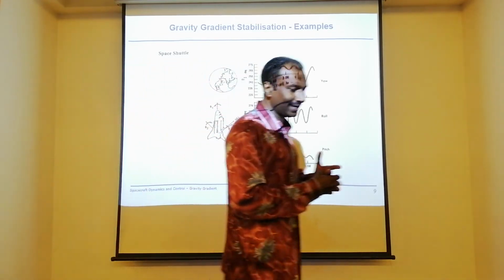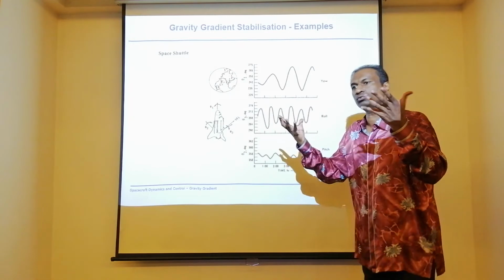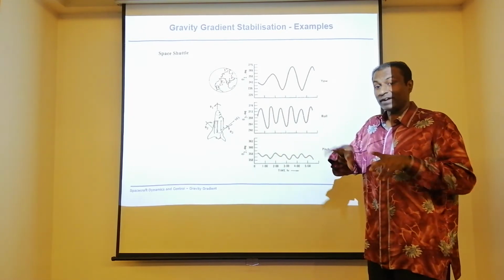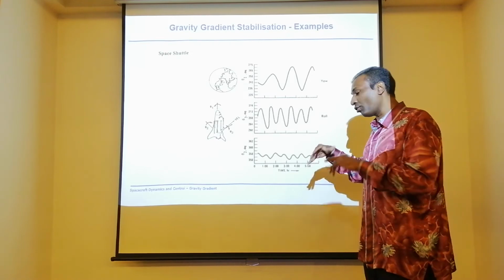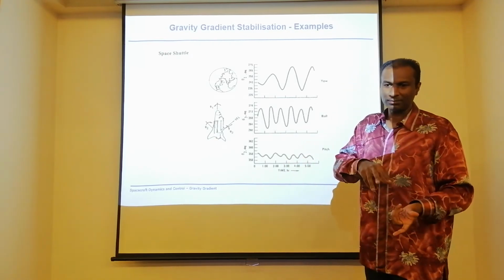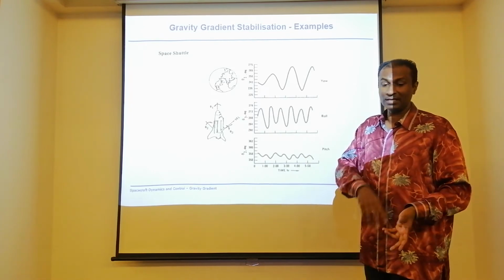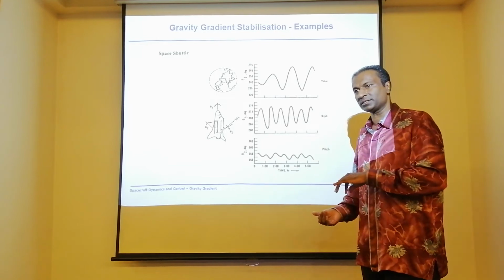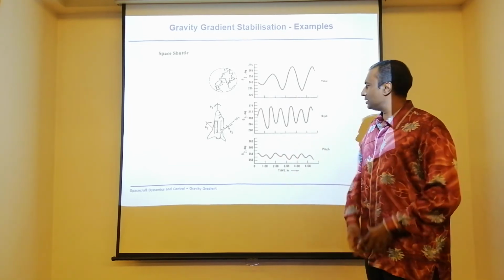So the reason is that these two axes are coupled, vice versa. A roll disturbance can appear as a yaw disturbance, and a yaw disturbance can appear as a roll disturbance. That is the reason they are coupled.